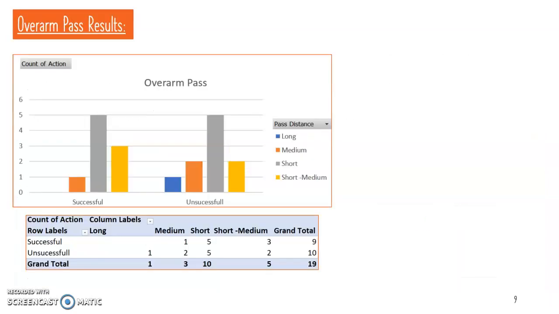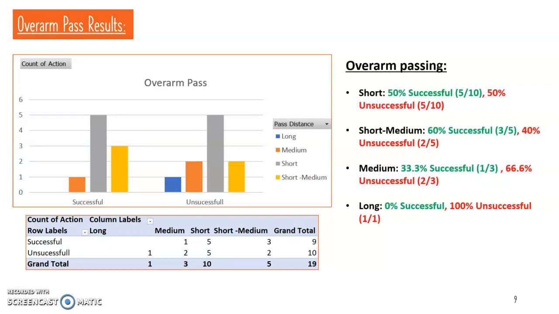Okay, so the results. The overall pass results were that over a short distance, the pass was 50% successful, with 5 out of 10, and then 5 out of 10 being unsuccessful, so 50% unsuccessful. Short medium distance was 3 out of 5 passes successful, giving it a 60% success rate and a 40% unsuccessful rate.